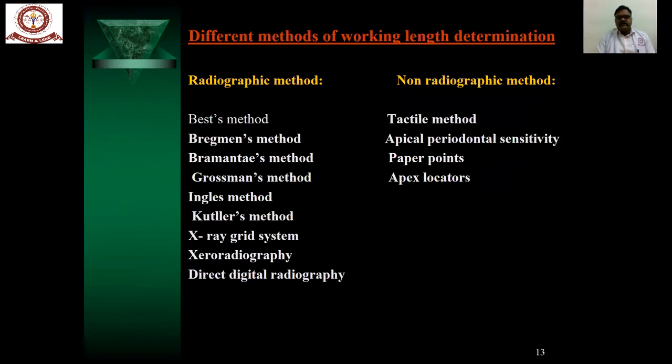So what are the different methods of working length determination? They are classified into radiographic methods and non-radiographic methods. Under radiographic methods, there are Best's method, Bregman's method, Raman's method, Grossman's method, Ingle's method, Butler's method, X-ray grid system, xeroradiography, and digital radiography, direct digital radiography.